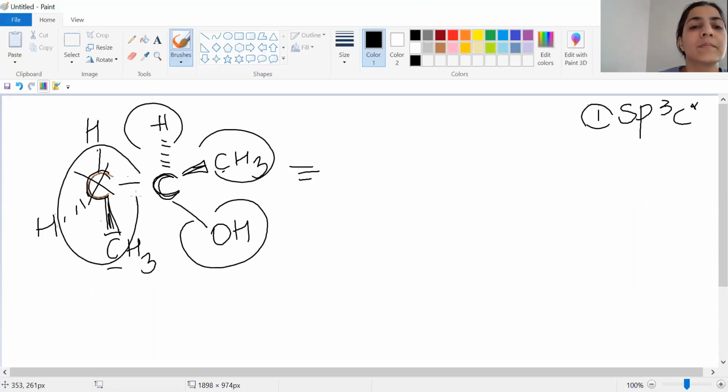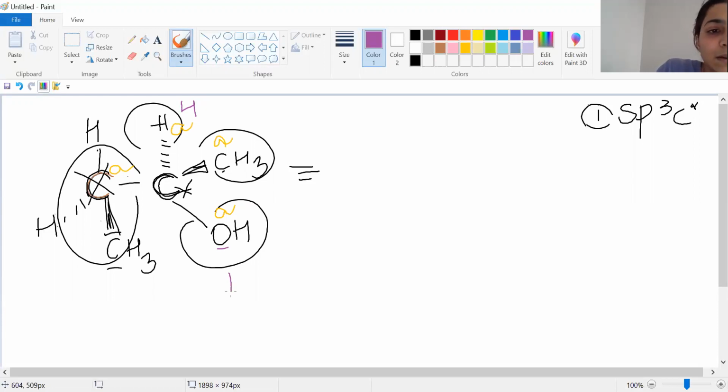How do I label them as R or S? First, I'm going to mark an asterisk just to make sure that this is the carbon of my interest, or the chiral atom that I'm going to look at. I will then look at all my attached atoms. And I observe that hydrogen is going to be the smallest and OH with the oxygen directly attached is going to be the number 1.